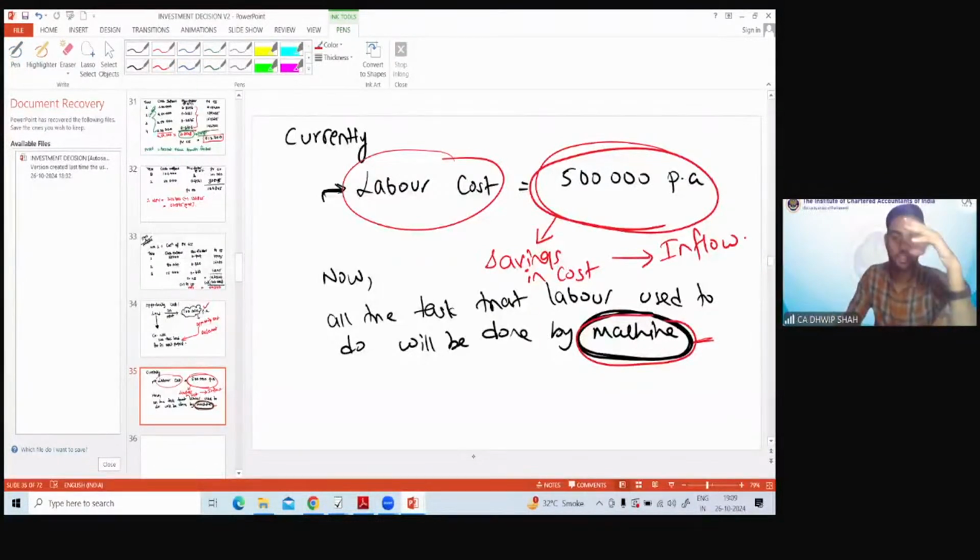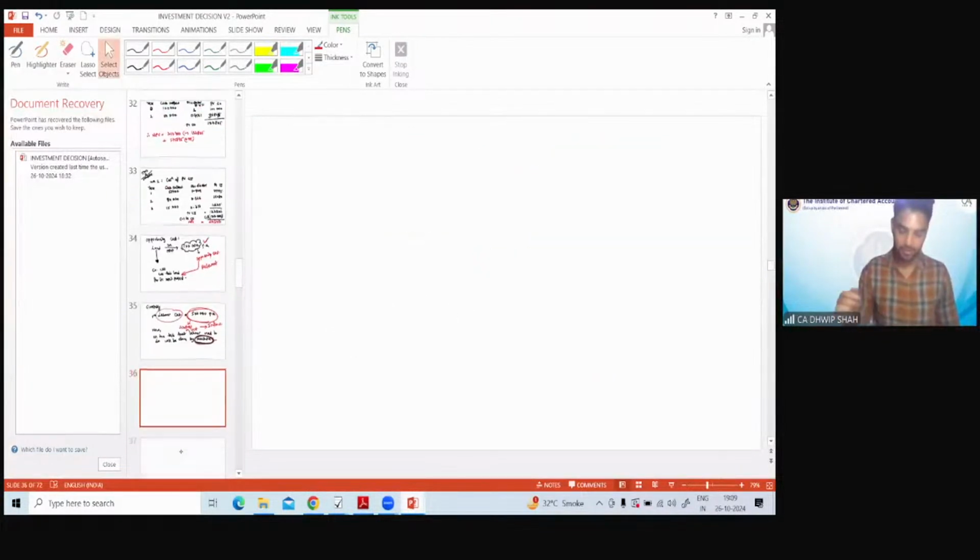Apart from the other crucial aspects that we discussed yesterday, two more aspects you need to keep in mind while calculating inflows and outflows. That is, opportunity cost is always an outflow. Savings in cost will be an inflow. ठीक है? So हम जो cash inflows का chart बनाएंगे ना, the format that we prepare from sales to cash inflows, in that you have to consider this savings in cost as an inflow. Hope the concept is clear.